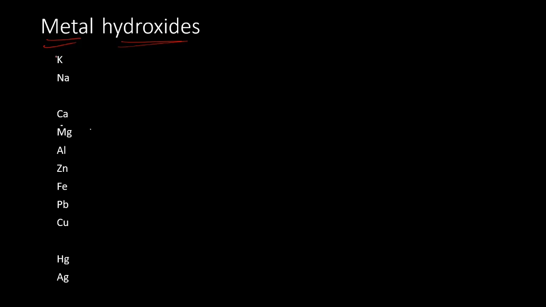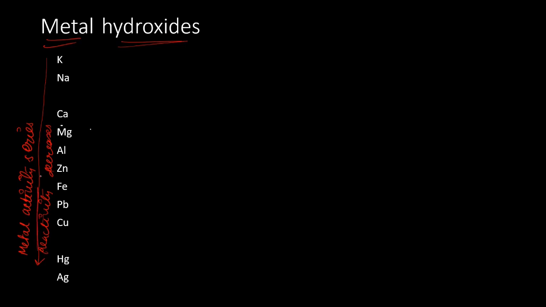This is the general representation of the metal activity series. What does this series basically indicate? The reactivity of each metal as we move from top to bottom of the series decreases.